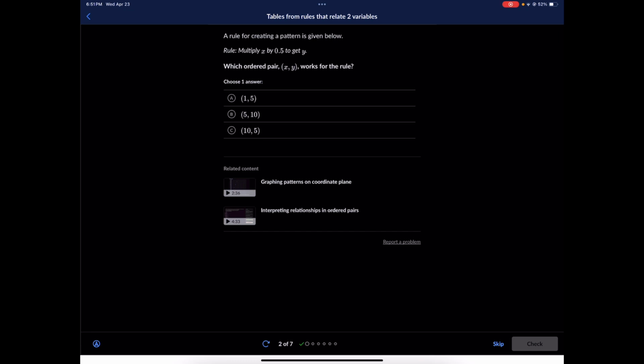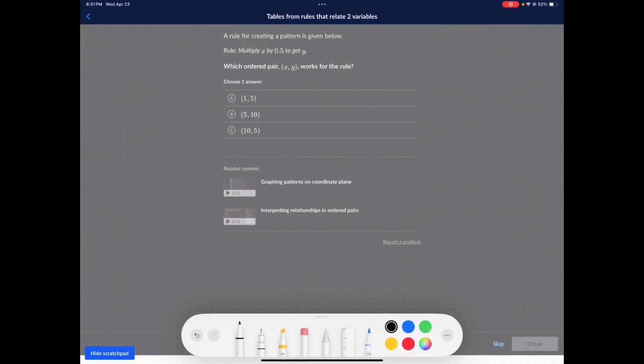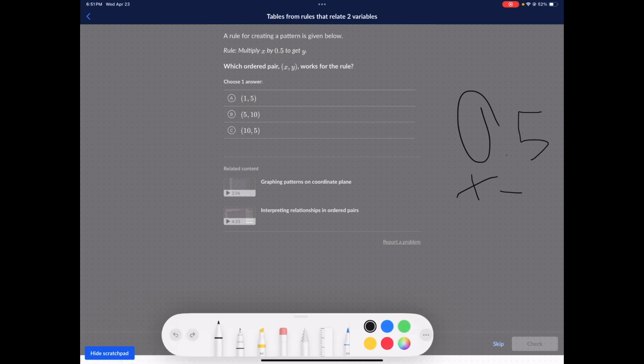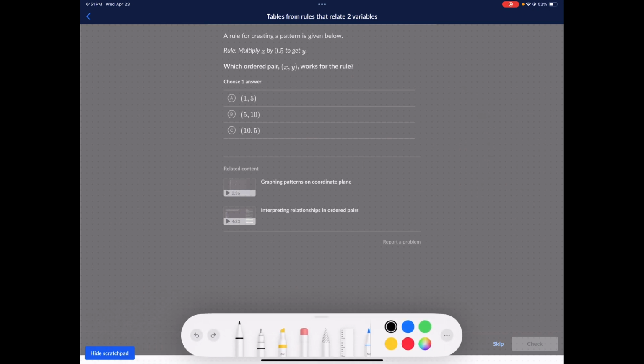So we can put here 0.5x equals y. So this can also be represented as 2y is equal to x. And this will probably also be easier to comprehend since we don't have to deal with any annoying, pesky decimals.